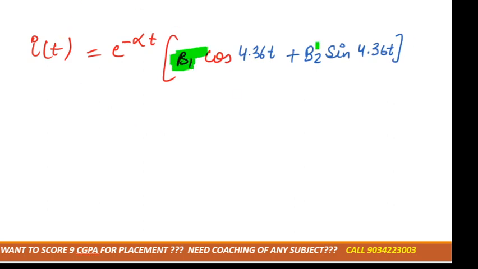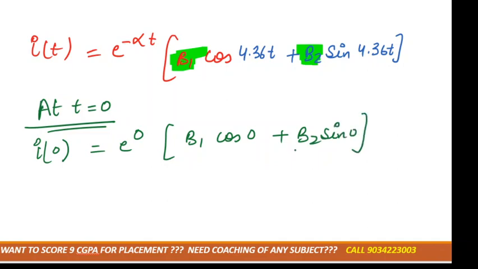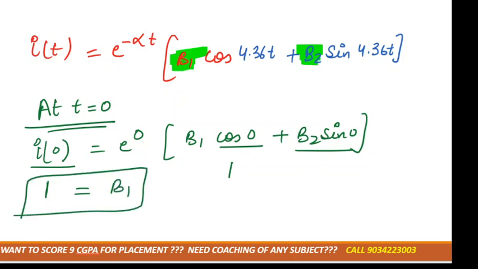Now our focus is to calculate b1 and b2. So we'll put t equal to 0. i of 0 is e raised to power 0, then b1 cos of 0 plus b2 sine of 0. Sine 0 is 0, cos 0 is 1, and i of 0 we already calculated, that was 1. So b1 value we got as simply 1.